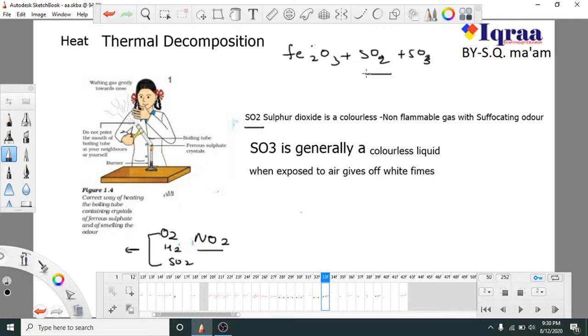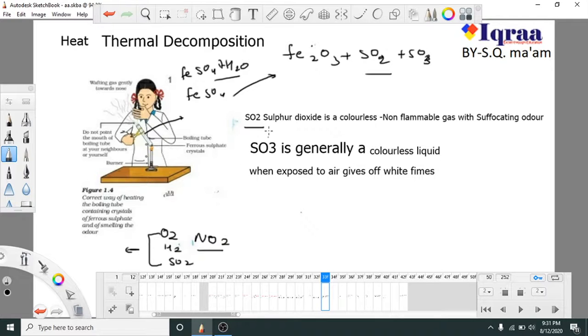So for SO2, sulfur dioxide, when we do this experiment, we take a test tube and put FeSO4, or you can use FeSO4 plus H2O, whatever you want, and after this the reaction will come out. Now there are some cautions: don't put your mouth very close to the test tube. You know why?